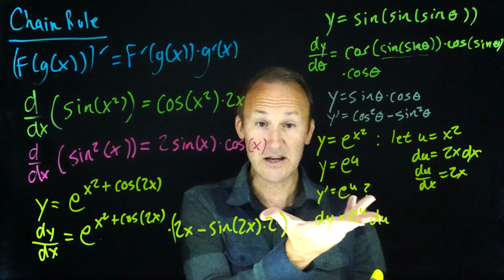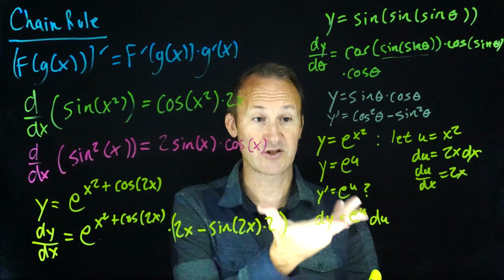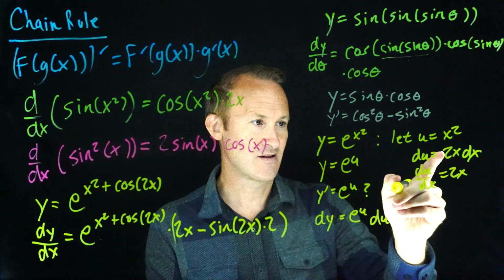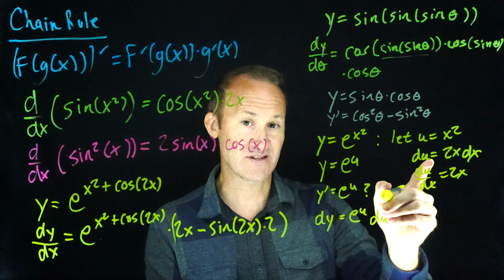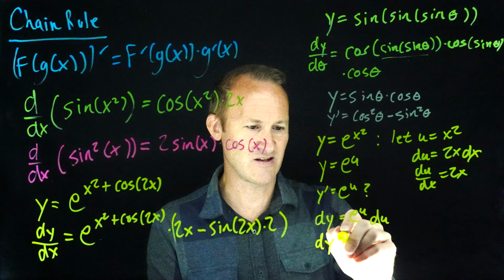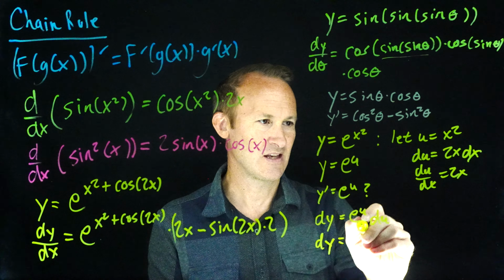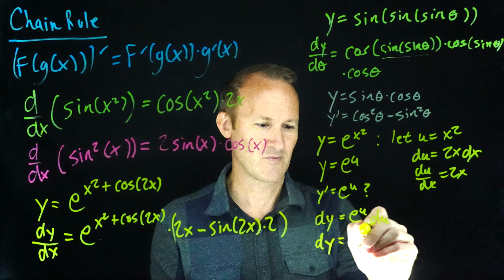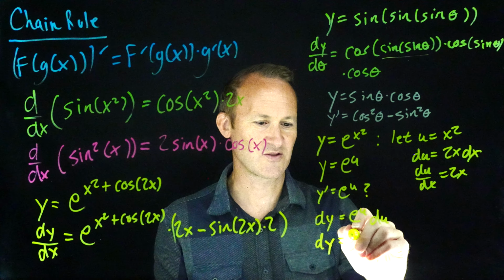But in the context of this problem, we want to substitute this in. We want to say dy equals e to the u. But what's u? u is x squared.